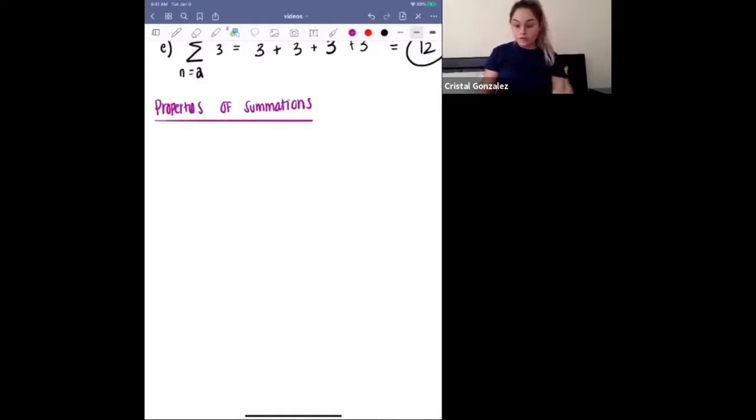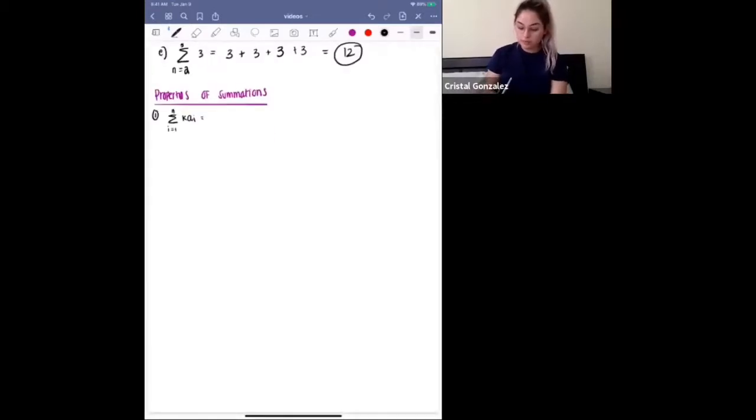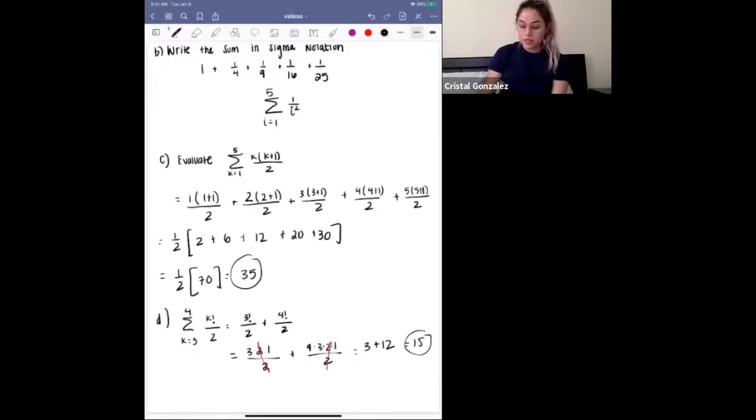So the first property actually has to do a lot with how we handle example E. For the first property, we get that if we have the sum from i equals 1 to n of k times our argument a_i, then actually it has a lot more to do with this 1c here, how we factored this out.